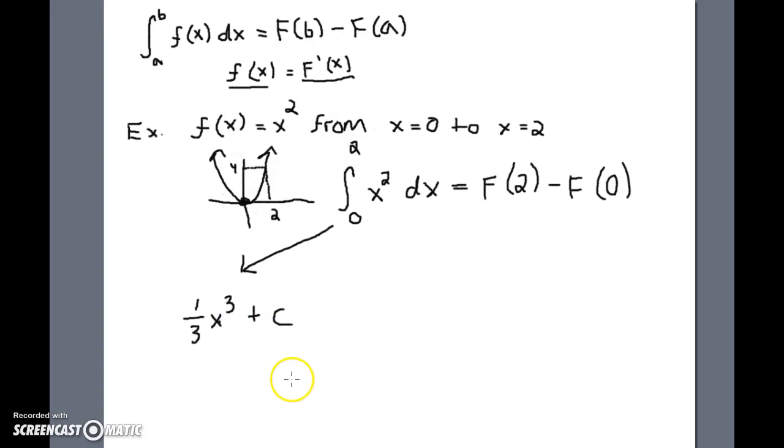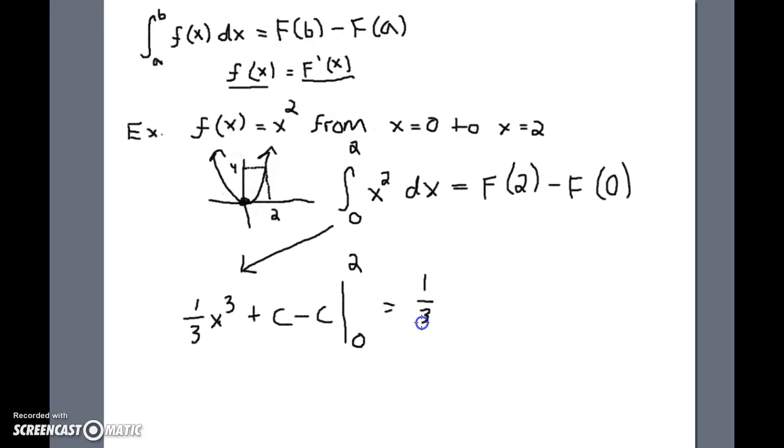But when it comes to definite integrals and finding areas under curves, the c's are irrelevant because the c's actually cancel out. So if we want, we can just do c minus c here. And then this notation here basically says, here is my antiderivative, and I want to find big F of 2 minus big F of 0. That's what this line here tells us to do. So let's do exactly that.